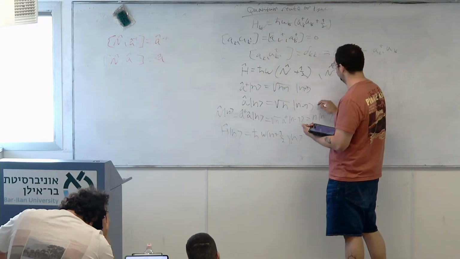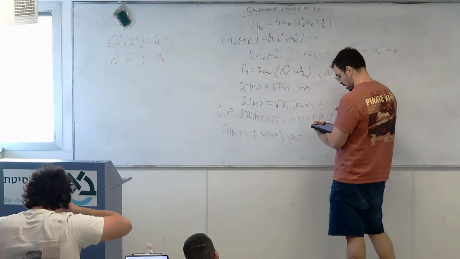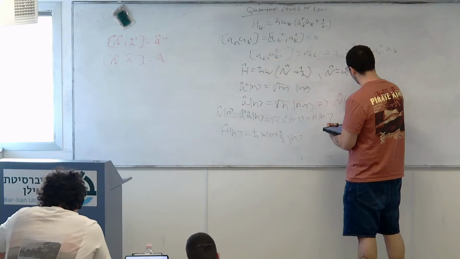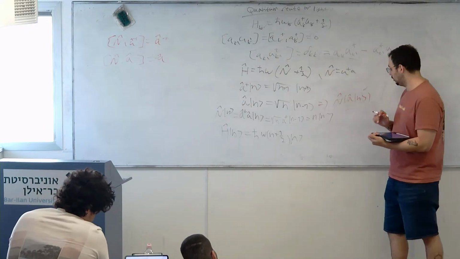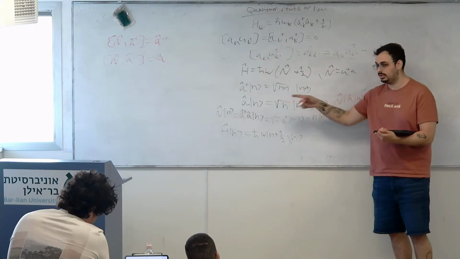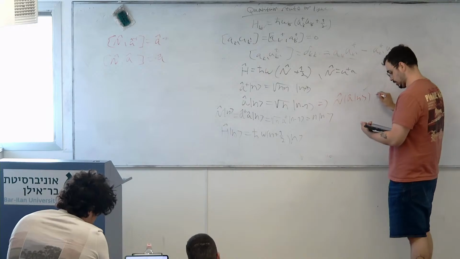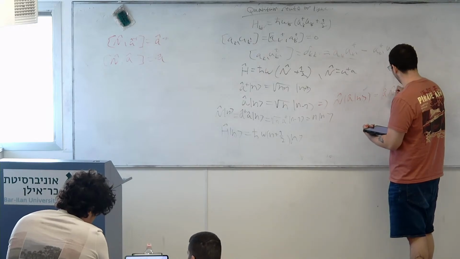Let's say I take this equation, and instead of writing it like so, I will add an n for it, and I want the n to operate on this weird state of a on n, right? This will be equal to a n, right?